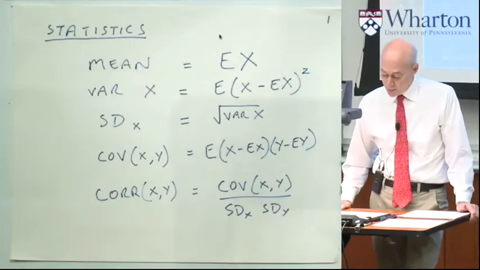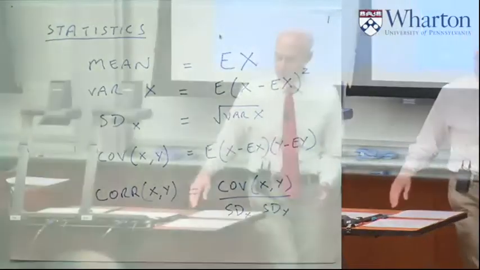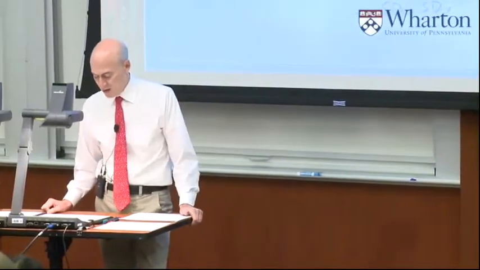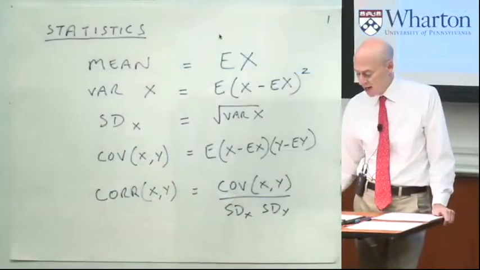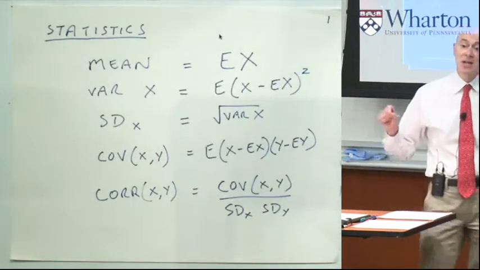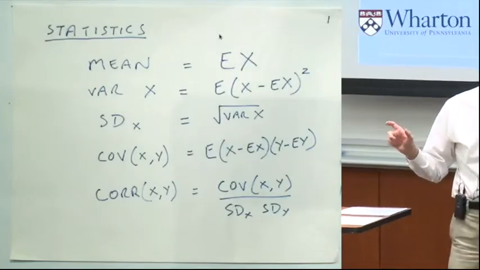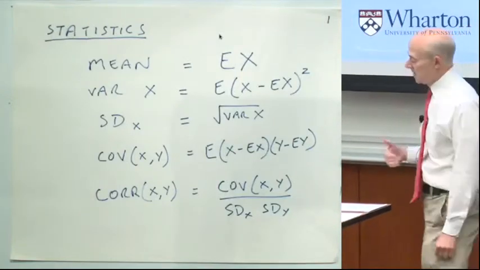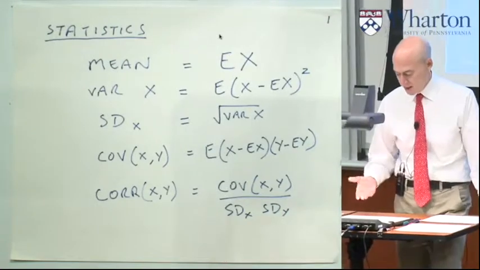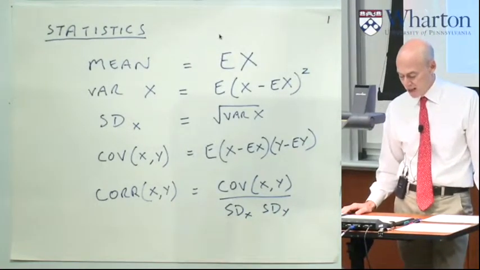We're going to be talking about portfolios of stocks, so we're going to need to know what the covariances are. And remember, the covariance of two stocks, X and Y, is the deviation of X from its mean times the deviation of Y from its mean in a particular state, and then we weight by probabilities and sum across states. In other words, we take expectations.